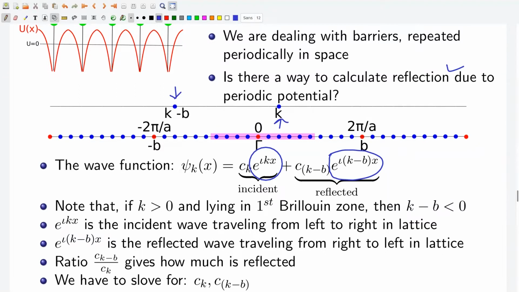In that case, e^(ikx) is the incident wave traveling from left to right in the lattice. e^(i(k-b)x) is the reflected wave traveling in the opposite direction of the incident wave. To estimate how much is reflected, we need to calculate the ratio of c_(k-b) and c_k. And for that, we need to solve for c_k and c_(k-b).